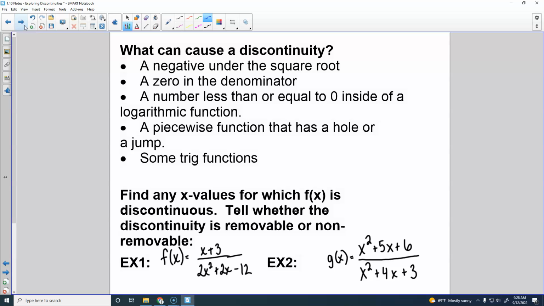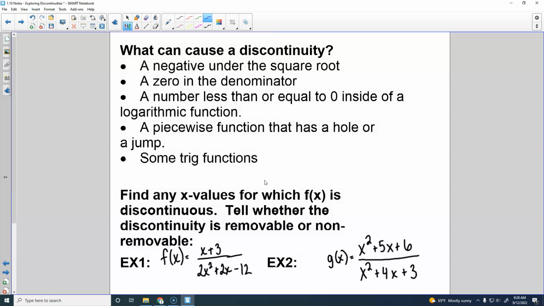So, let's talk about discontinuities. There are many things that can cause discontinuities. These are a few of them, which I think is what we'll mostly see. Negatives under a square root: you cannot have negative numbers under a square root. Zeros in the denominator of a fraction. That one's going to be a big one. A number less than or equal to 0 inside of a logarithm.